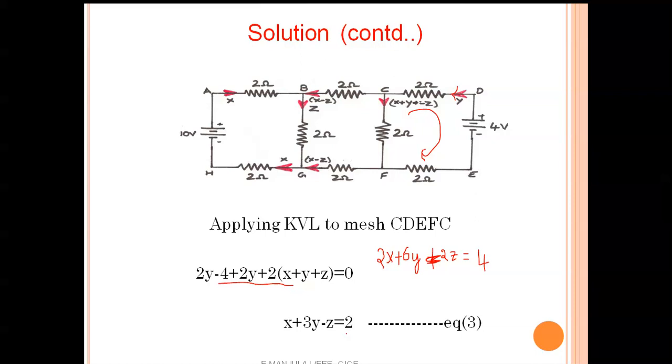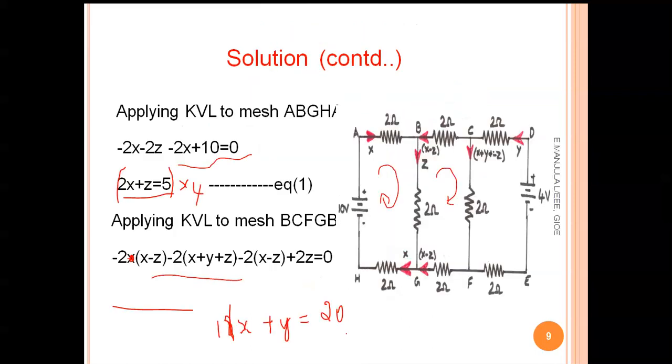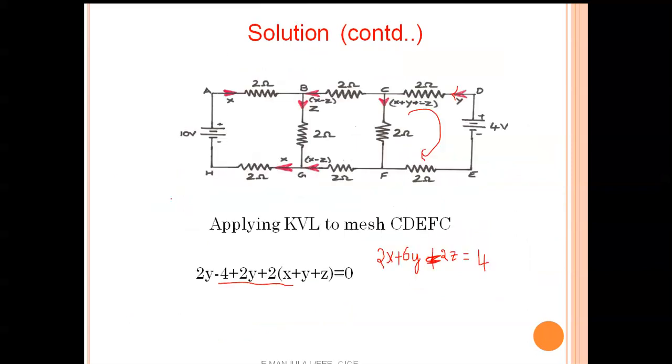So you take equation 1, the first equation, that is 2x plus z is equal to 5.